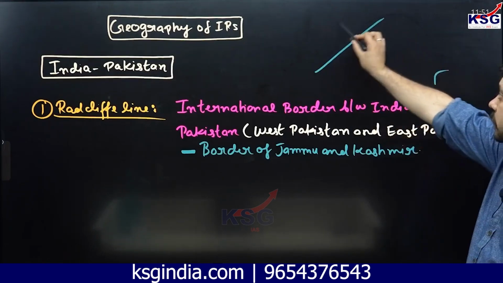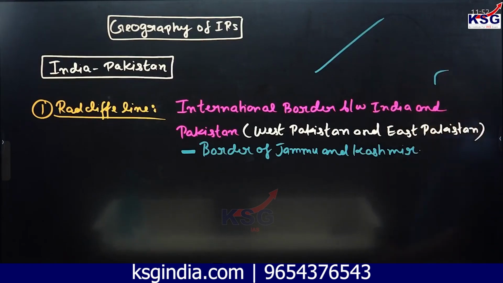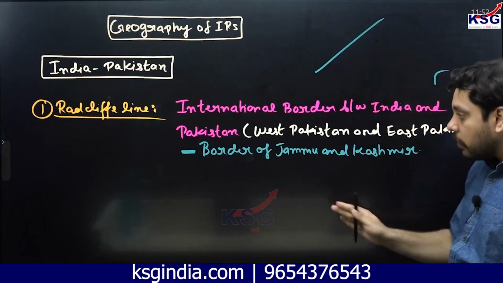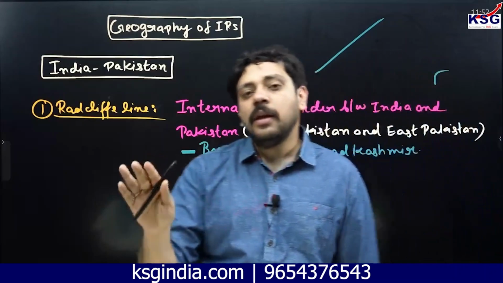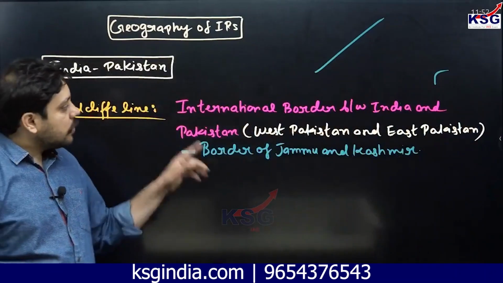Right, so West Pakistan at this point of time is known as Pakistan. East Pakistan today is known as Bangladesh, and the line that the Britishers had drawn to create a distinction between West Pakistan and India and East Pakistan and India was known as the Radcliffe line.